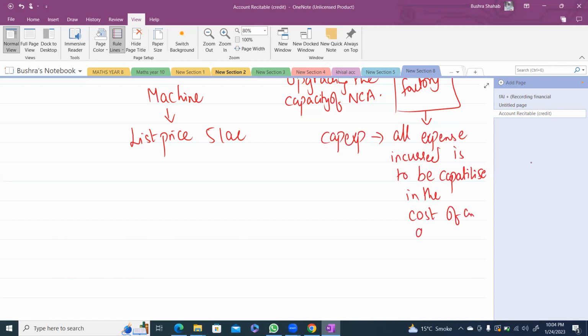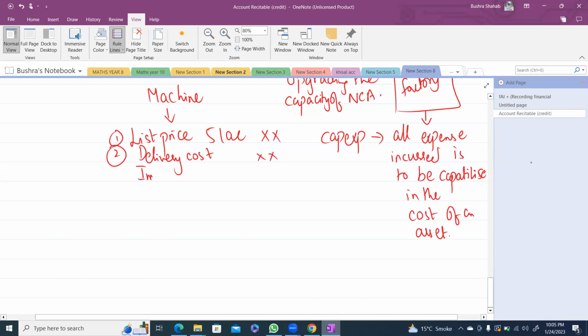Okay, I'll tell you how. See, for example, you bought the machine. What are the other expenses that might be incurred before you have installed the machine and started using it? Transportation cost. Good. Delivery cost, transportation cost. Import duties. Yes.